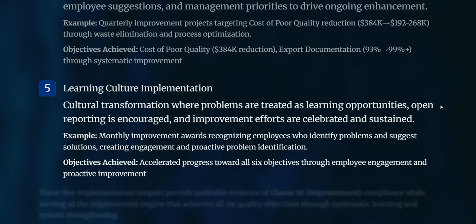Examples include monthly improvement awards recognizing employees who identify problems and suggest solutions, creating engagement and proactive problem identification. Objectives achieved include accelerated progress toward all six objectives through employee engagement and proactive implementation.